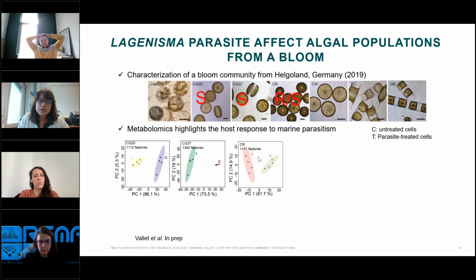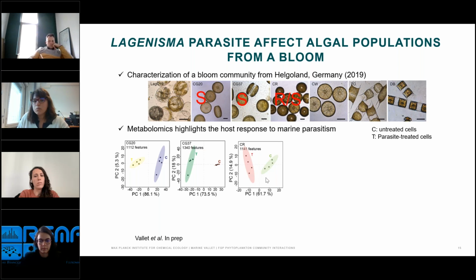And then using again the comparative metabolomic approach, we found that most Coscinodiscus species were susceptible, they could be infected, and their cellular metabolome was tremendously different when they were infected.